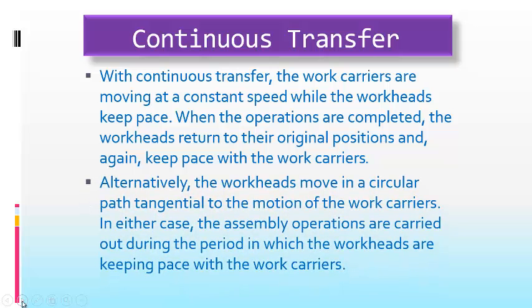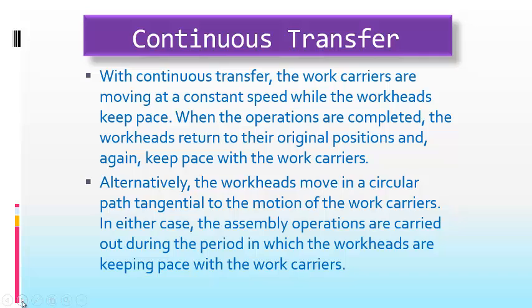Alternatively, the workhead can move in a circular path, and this is another way. Instead of having it in a line, it can move in a circular path tangentially to the motion of the work carrier. In either case, the assembly operations are carried out during the period in which the workheads are keeping pace with the work carrier.